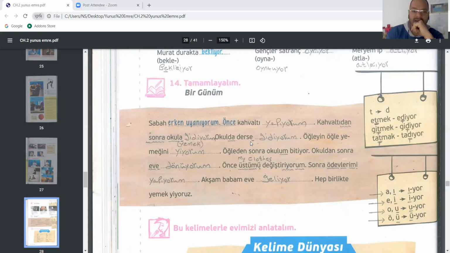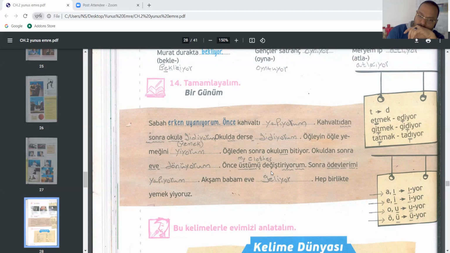Öğle yemeğini yiyorum, the lunch. Öğleden sonra okulum bitiyor. After noon, my school is finished. Okuldan sonra, after the school, eve dönüyorum, I come back to my house.